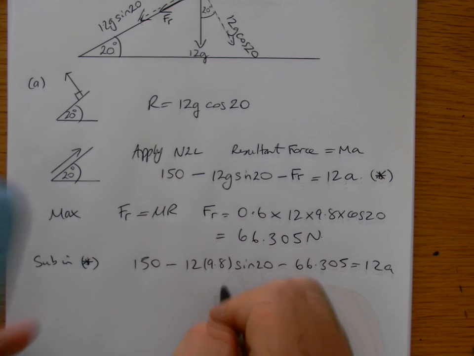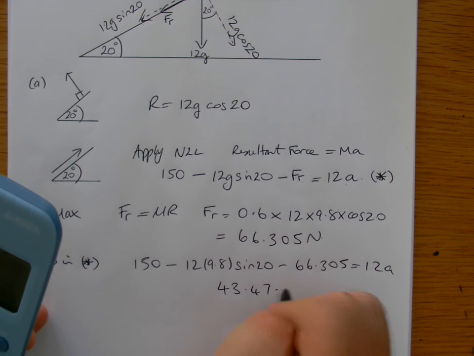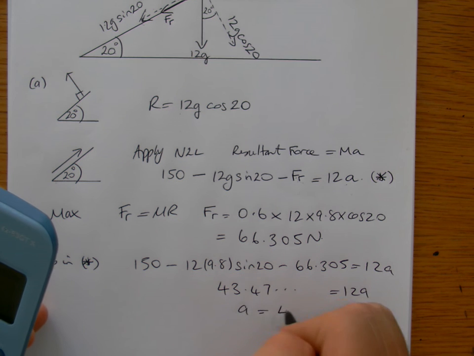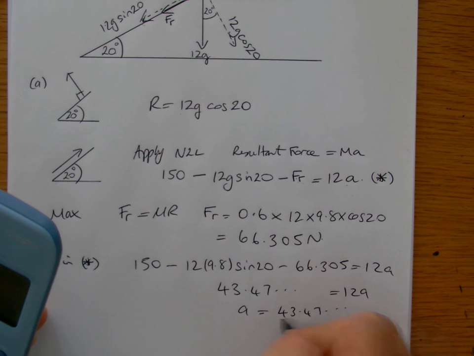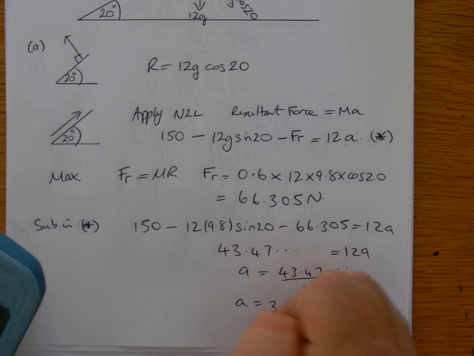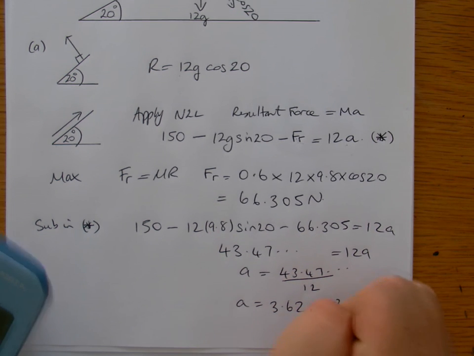On the left hand side, I get 43.47 etc., equals 12a. So then I just have to divide by 12 to get my answer for a. So answer divided by 12, 3.62 meters per second squared.